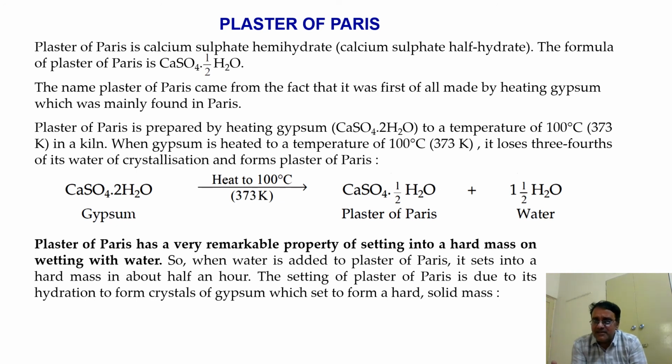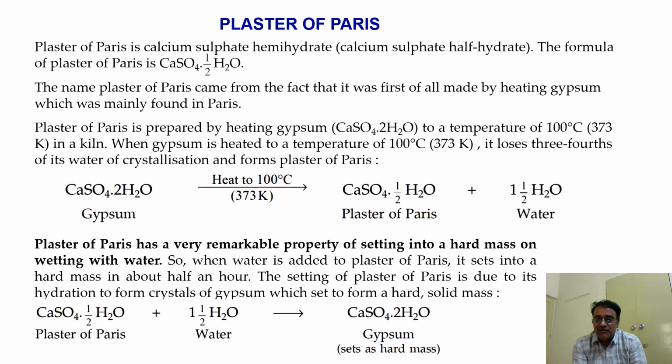The setting of plaster of Paris is due to its hydration to form crystals of gypsum, which set to form a hard solid mass. So this is the reaction: when we again add one and a half water to plaster of Paris, we get hard gypsum, that is calcium sulfate dihydrate.